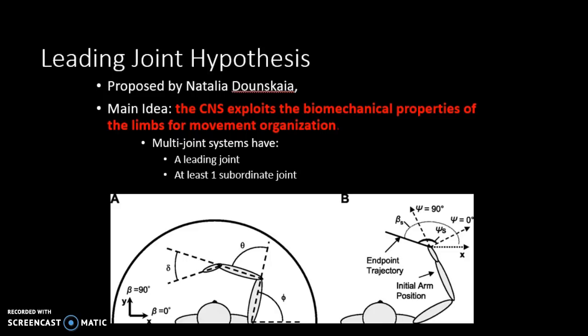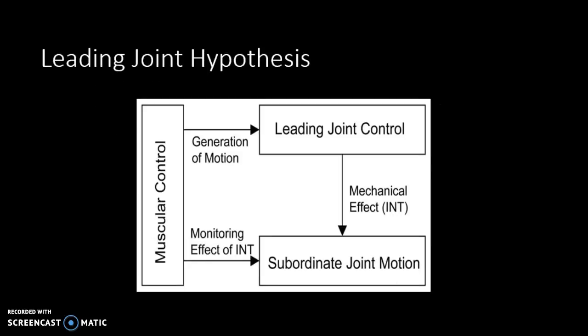The main idea is that the CNS exploits the biomechanical properties of the limbs for movement organization. Meaning we have a leading joint and then we have subordinate joints. So think of trying to grab something: the hand is going to determine, so the joints of the fingers, the wrist, the joints of the hand are going to tell the subordinate joints of the elbow and the shoulder what they should be doing.